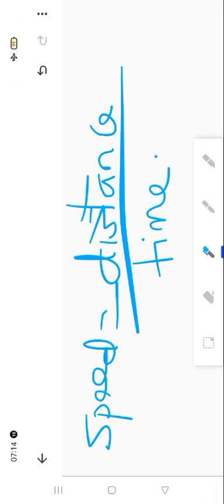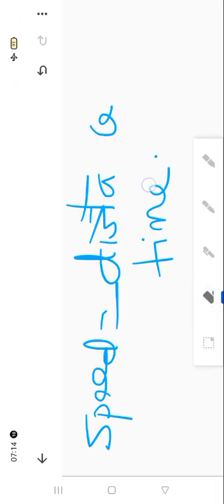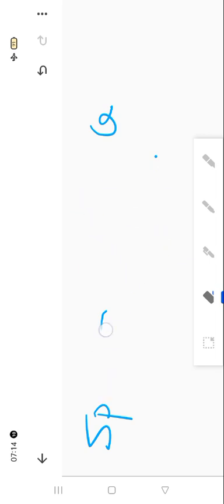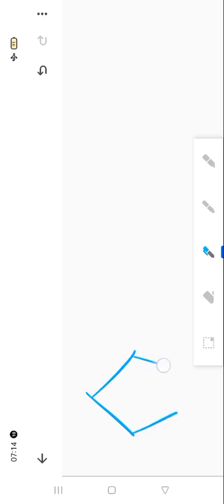Now to consider the general structure of prostanoids. Generally, prostanoids have a cyclopentene ring.